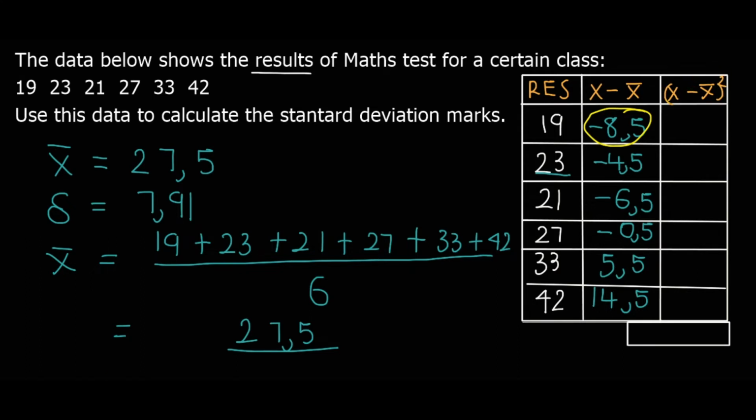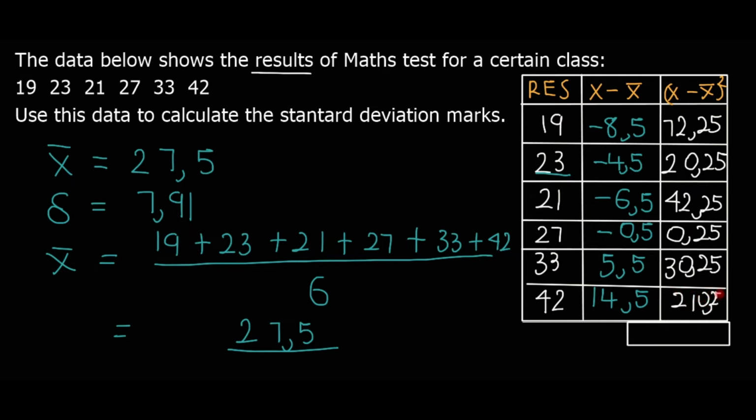Negative 8.5 squared gives 72.25, and negative 4.5 squared gives 20.25, and negative 6.5 squared gives 42.25, and negative 0.5 squared gives 0.25, and 5.5 squared gives 30.25, and 14.5 squared gives 210.25.